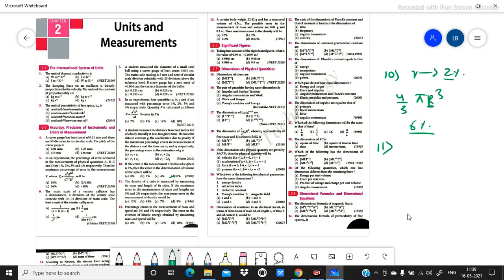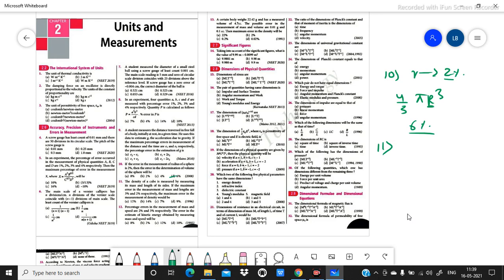Question 11, which is frequently asked in the NEET exam. The density of a cube is measured by measuring its mass and the length of its side. If the maximum errors in the measurement of mass and length are 3 and 2%, the maximum error in density will be. So again, you know the formula.